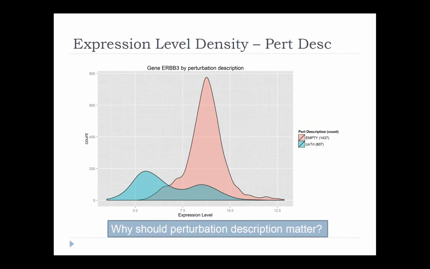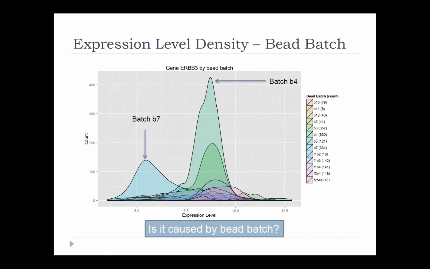The third question is basically what Johannes suggested, that perhaps there was a shift in overall distribution on the plates that have these measurements.